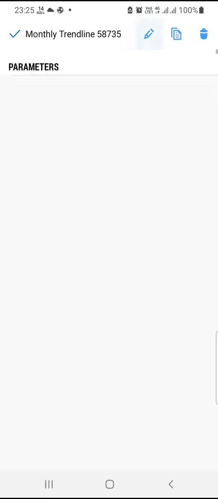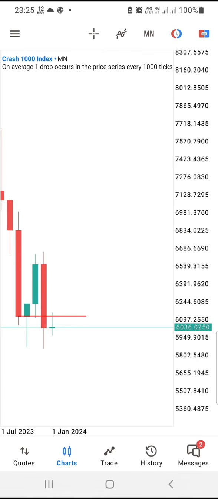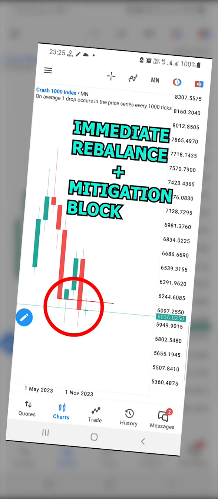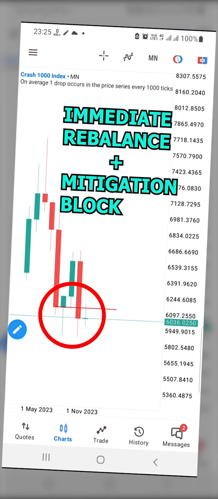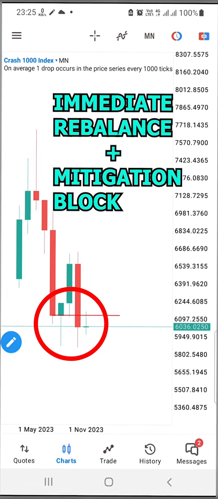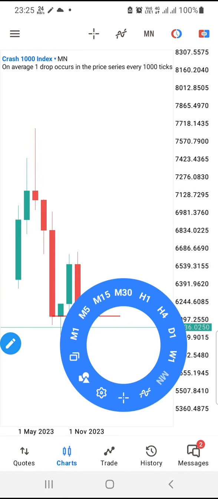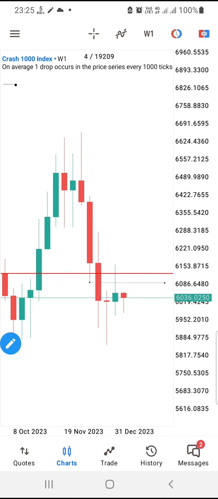You see that level right there? Price had hit what and did what? At that level, price formed an immediate rebalance, and it hit the mitigation block. So it's going to propel price further down. Those are the two confluences we already have on the monthly.